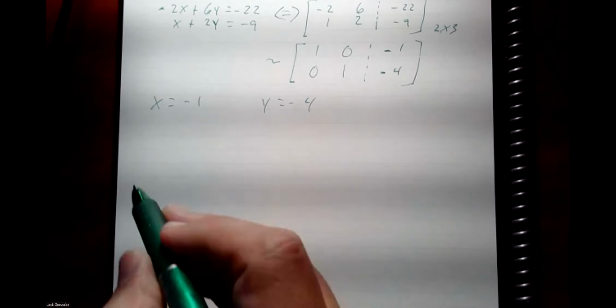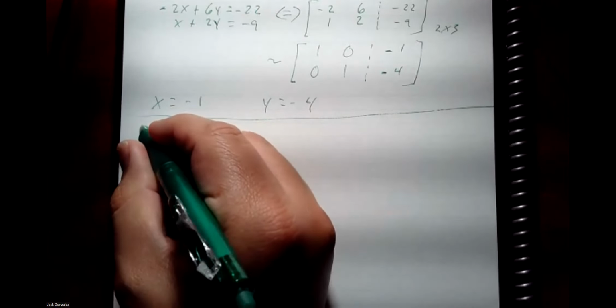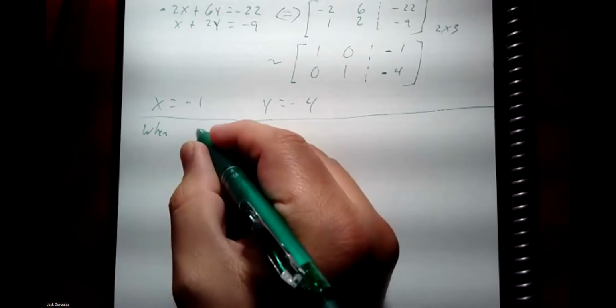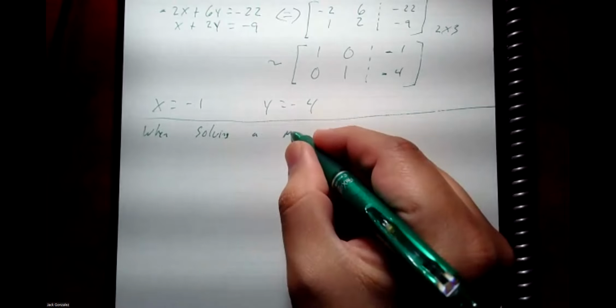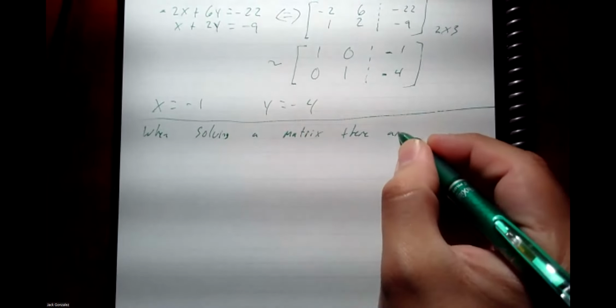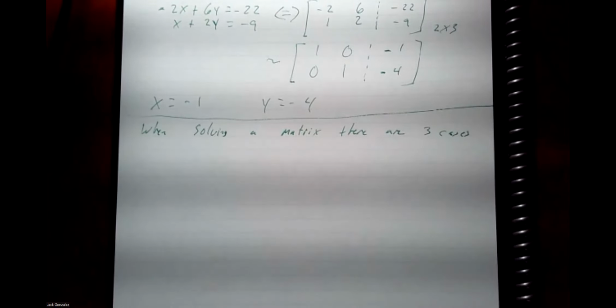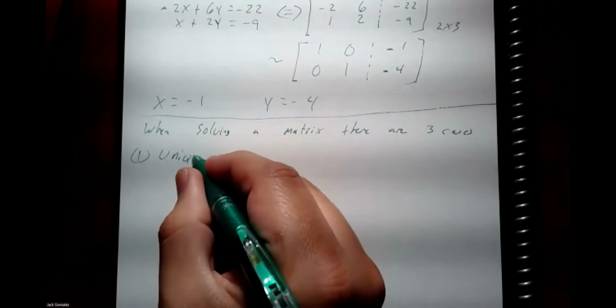The thing I wanted to mention was when you're solving this, this is something I need you to interpret. There are 3 cases. Case 1, the easiest one, is the unique solution.